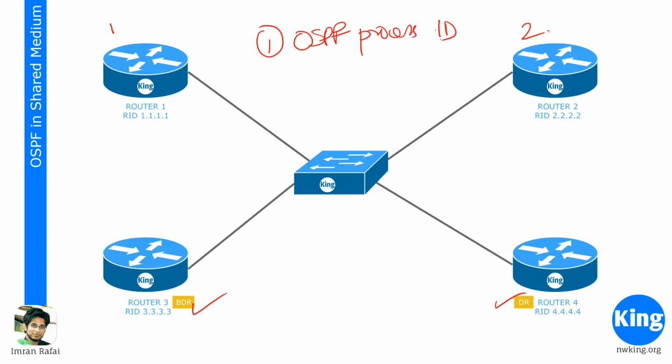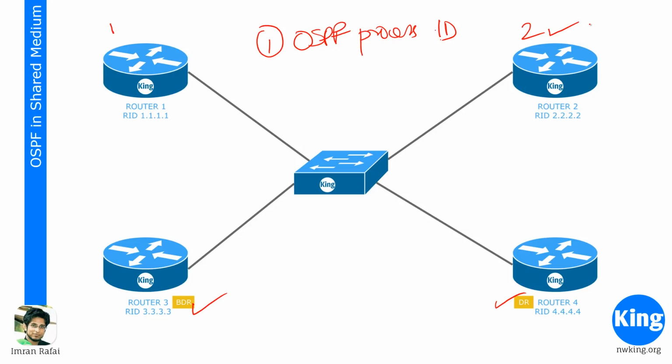So if these two routers are competing for DR, obviously the OSPF process with process ID 2 would get preference and become the DR, right?